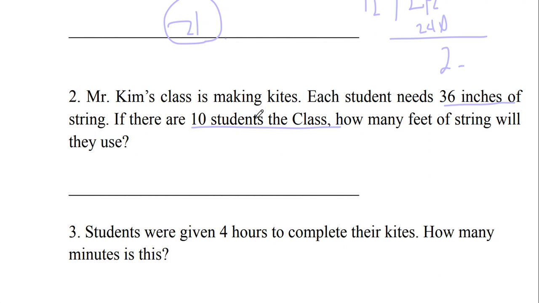So if you multiply 36 by 10, it will be 360. And then 1 foot, or 1 ft, is equal to 12 inches, or 12 in. So if we divide 360 by 12, you should get 30. So it'll be 30 feet.